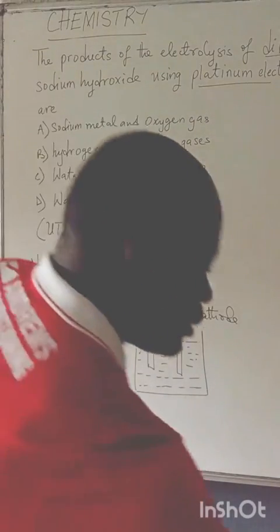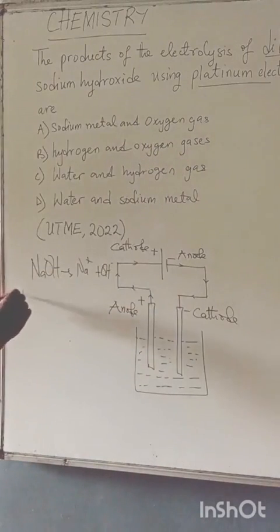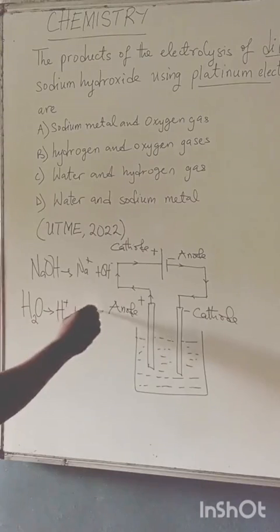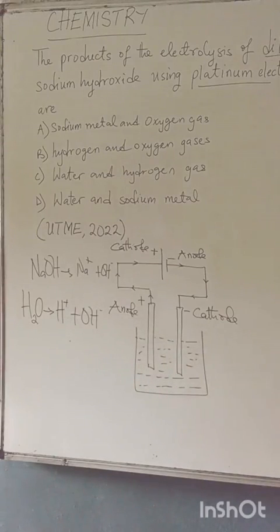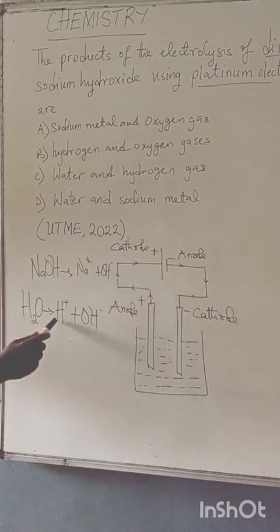Also, do not forget that when we ionized water, H2O, we obtained hydrogen ions and hydroxide ions. What charge do sodium ions have? Do you see, positive charge, because they are metallic ions. Then hydrogen ions also have positive charge.